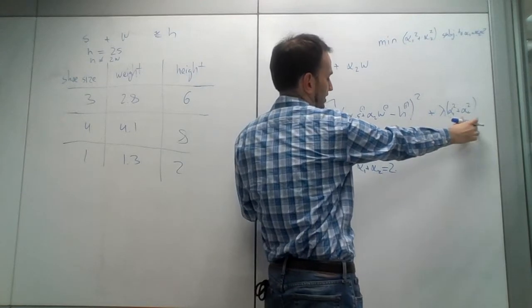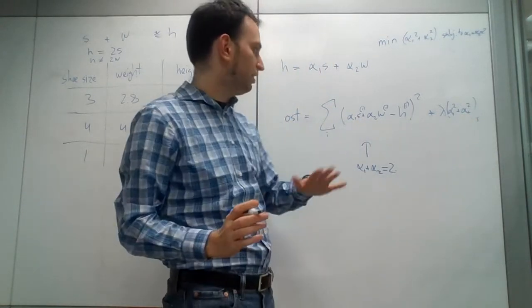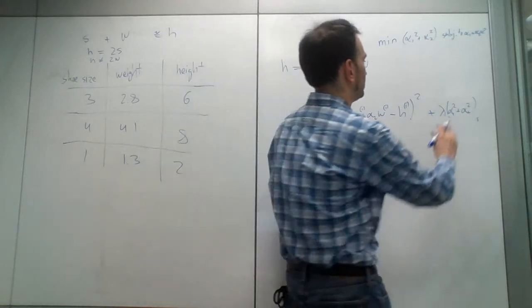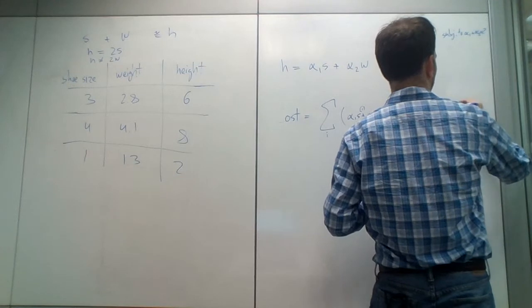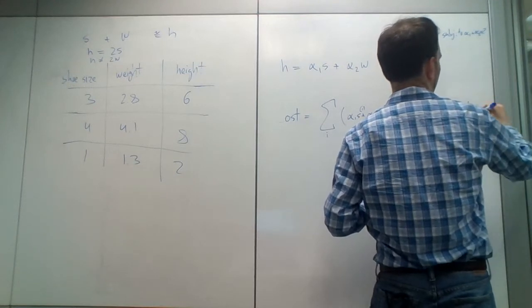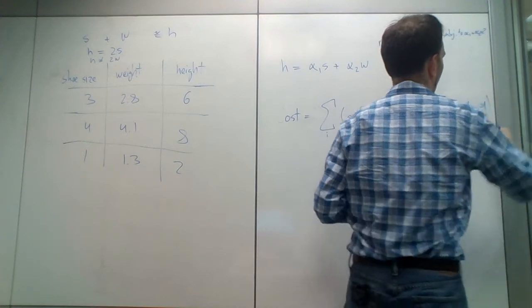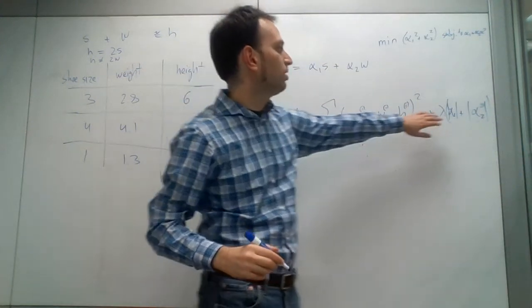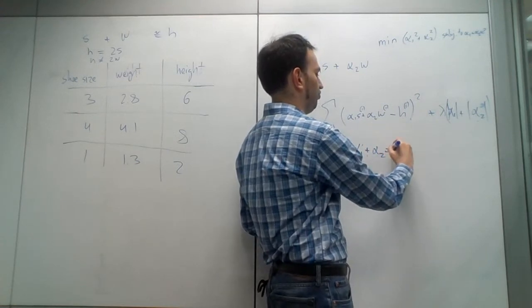So, okay, now let's say that the cost is lambda times the absolute value of alpha 1 plus the absolute value of alpha 2. Now, alpha 1 plus alpha 2 should still be 2.